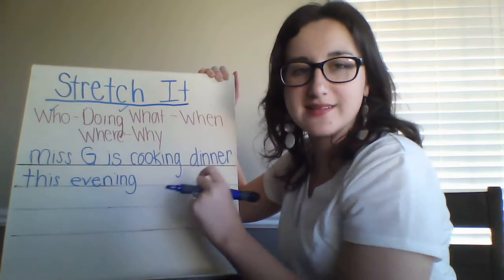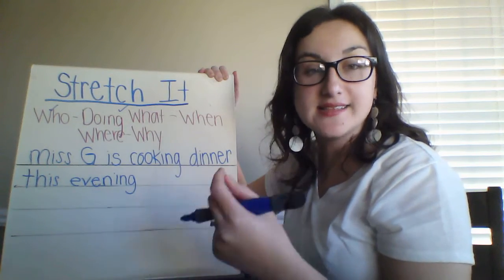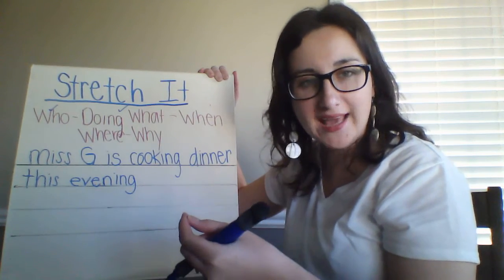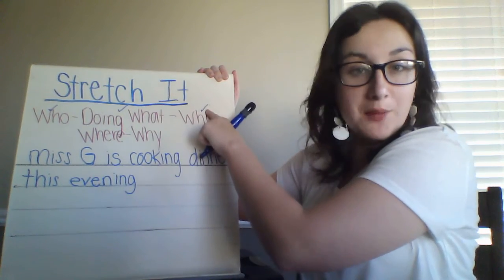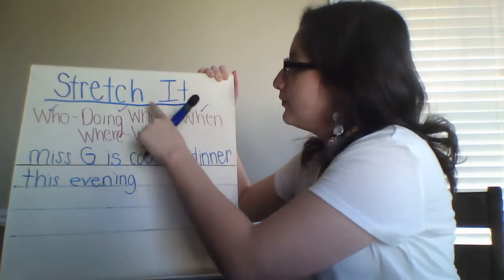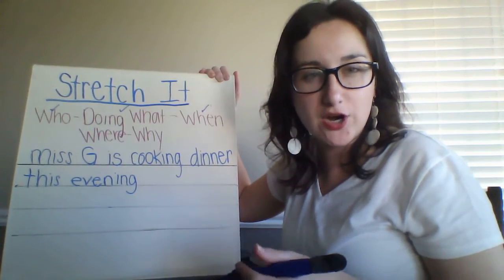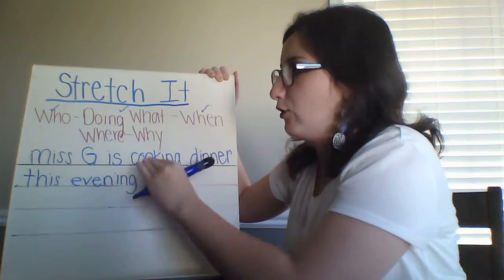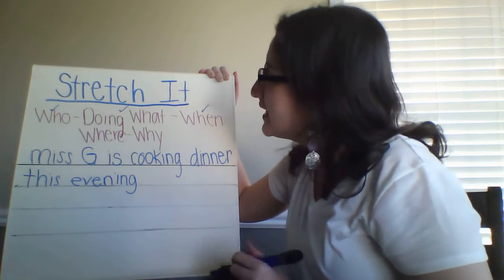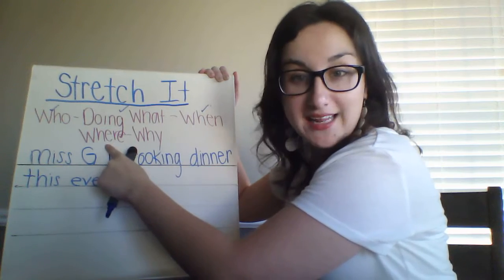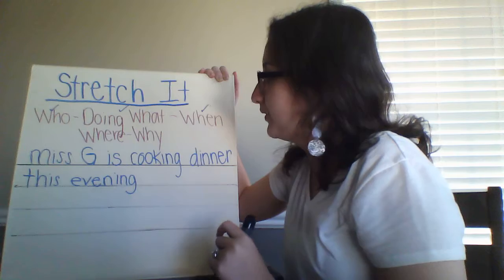These 2 words, this evening, they add a time or a when to the sentence. I'm going to go ahead and put a check mark above when. I'm using these check marks to help me as a writer keep track of what information I've included in my sentence so far. I need to go ahead and include a where and a why as well.